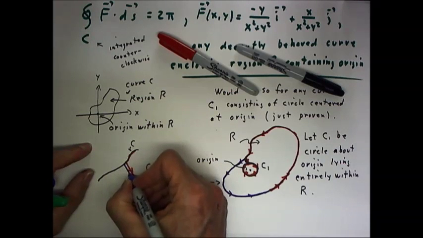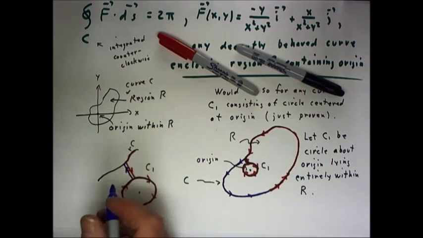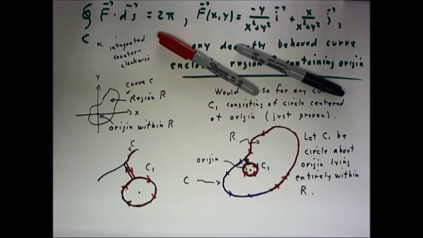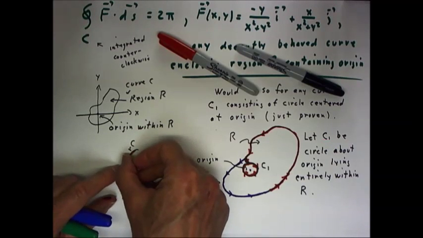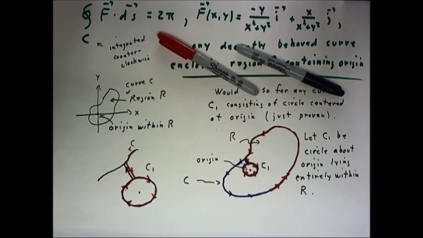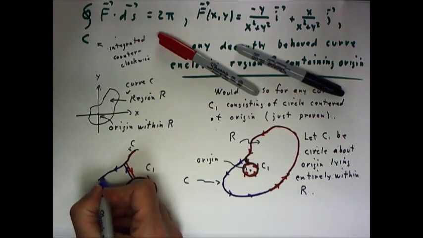There's a little bit of space between these curves. So what we actually did was we left out just a little bit of C1 and we left out just a little bit of C when we did this. Of course, having come back here, we continued on along C.